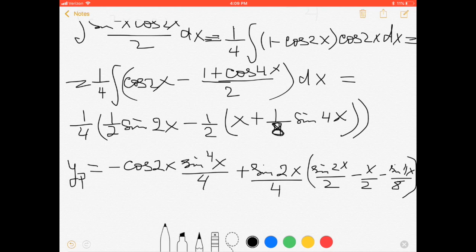Okay guys, I'm especially not spending time simplifying, because if you're solving this method this way, I think it's enough. Good.